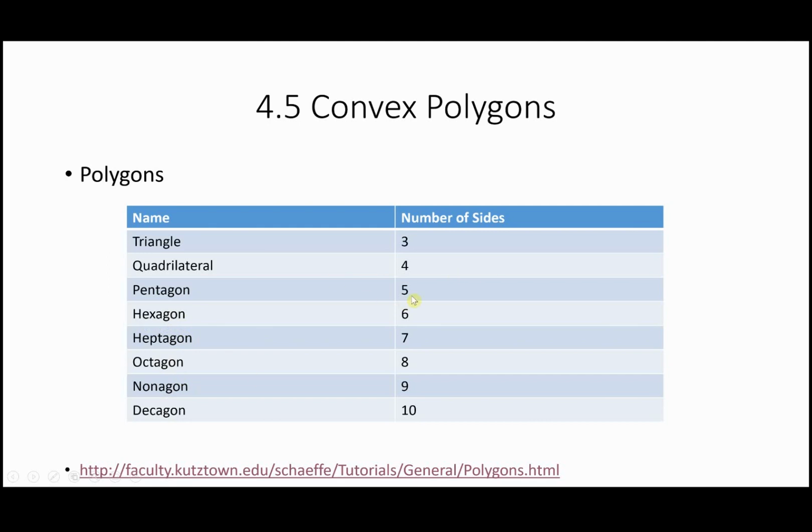Penta means 5, if you break it down to its Latin roots, and gon just means sides. Hexagon has 6 sides, a heptagon has 7 sides, an octagon has 8 sides. We know this one is terribly famous for various reasons. Probably the most basic example is a stop sign. Nonagons have 9 sides, decagons have 10 sides.